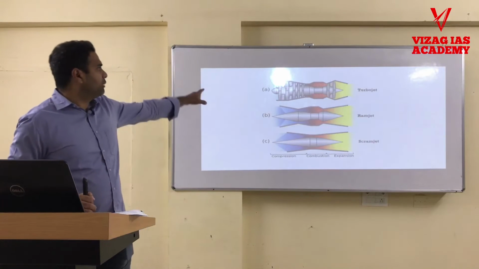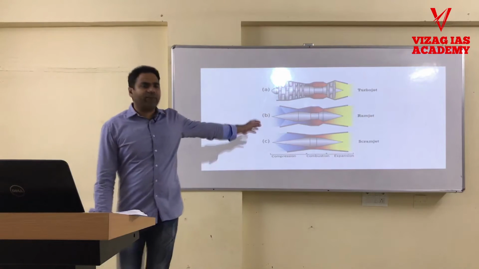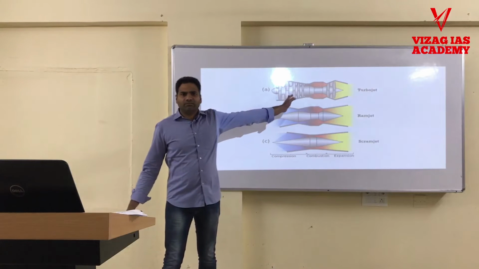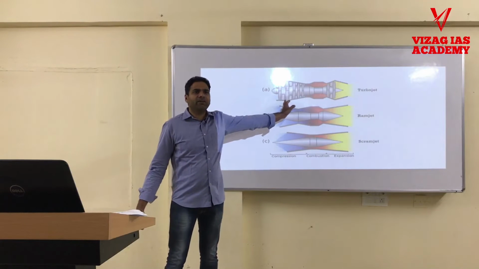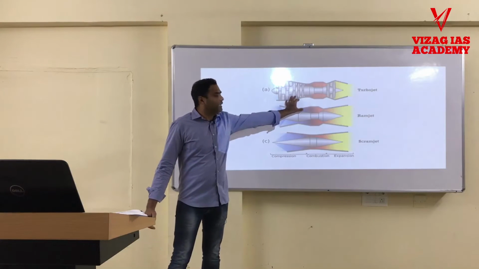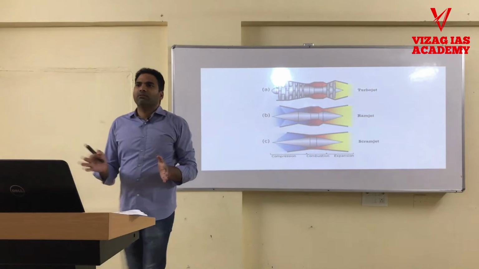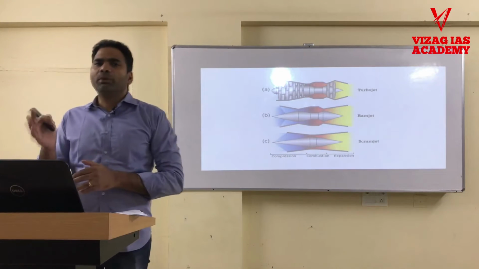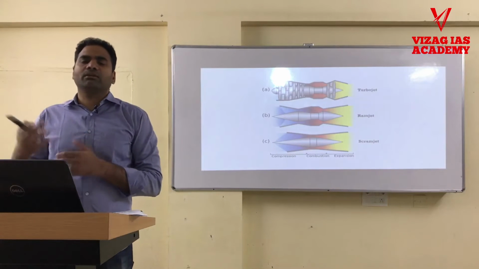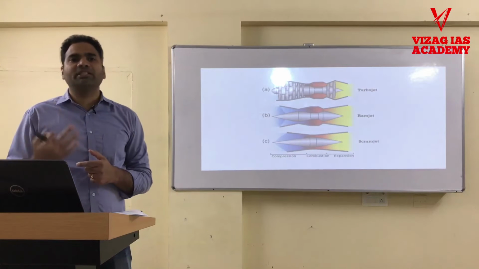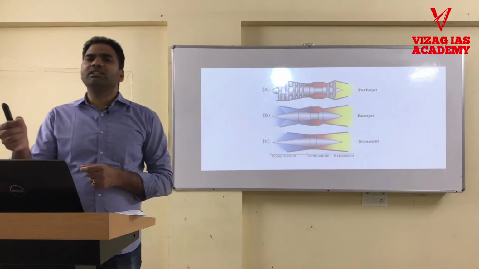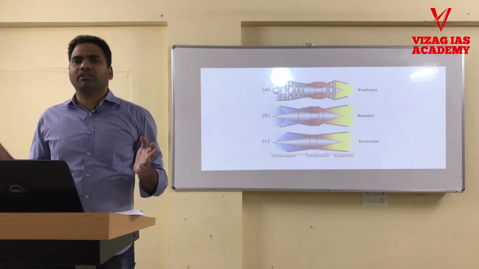Okay. In the turbojet, there will be fans here which suck air, required air for combustion, and then there is a compressor here, which will compress the gas to be used. It will compress so that it is hot and it is in high pressure. That's when the fuel is injected and there is a combustion.